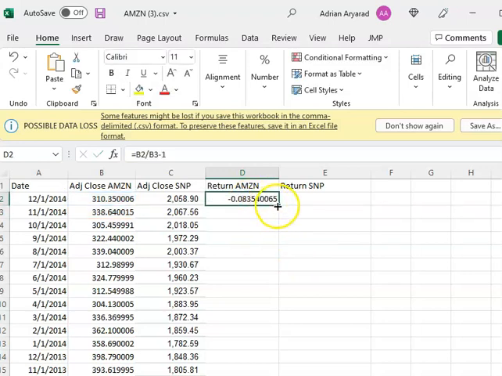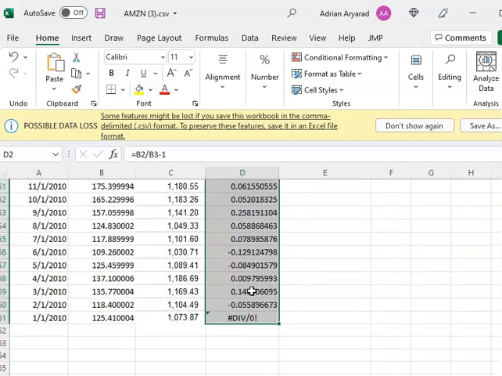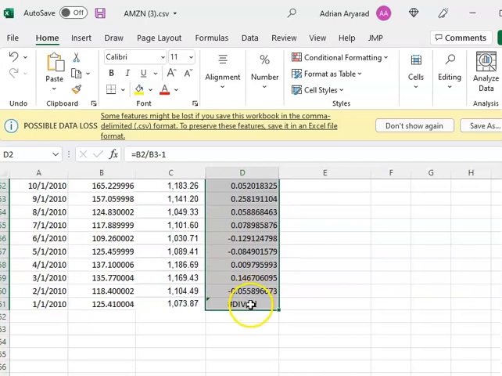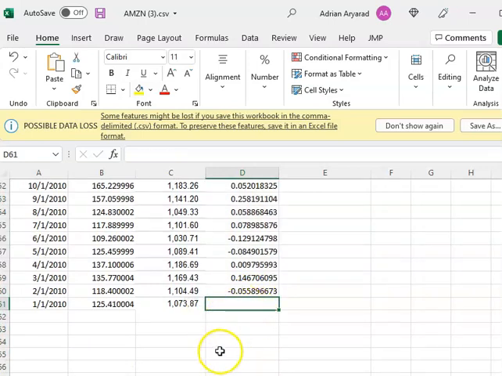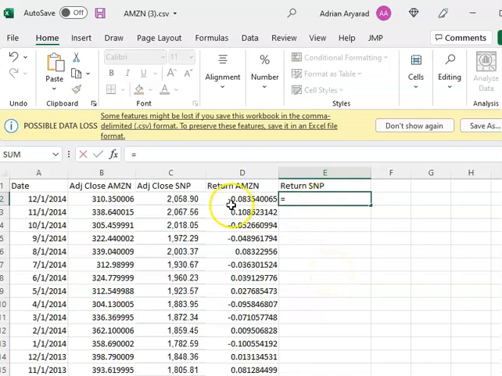And at the bottom right hand side of this cell, when it's a black plus, double click. It's going to copy the formula down to the end. Okay. We don't need the last value because it's dividing by 0, and dividing by 0 is undefined. So we delete just this cell. The same process for S&P 500.